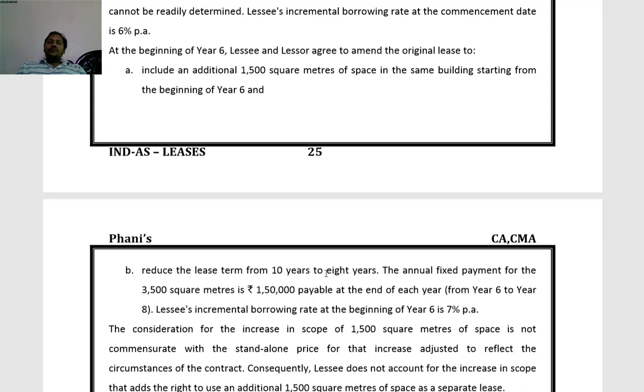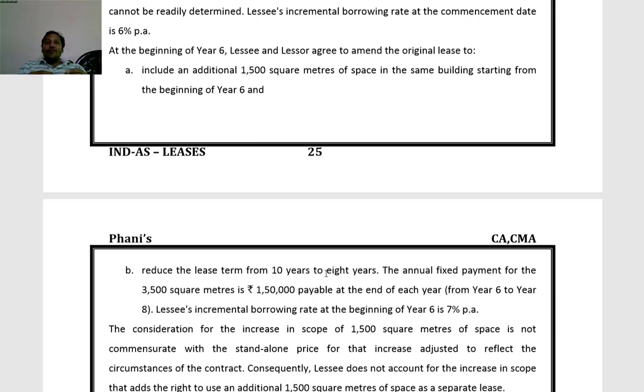Now, after having a balance of lease liability and balance of ROU, we have to find out the impact of term only. If the original lease is as it is, and only the term is reduced to 8 years, then after completion of 5 years, for the remaining 3 years, with the original terms only, with the same 1 lakh and 6% discounting rate, what will be the liability?